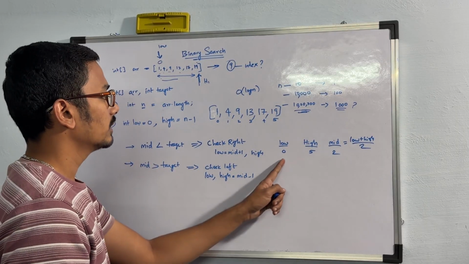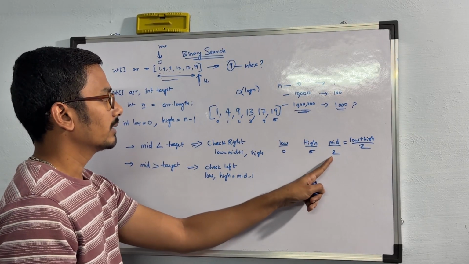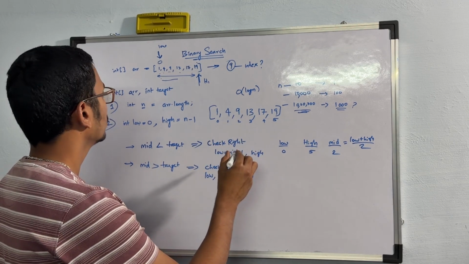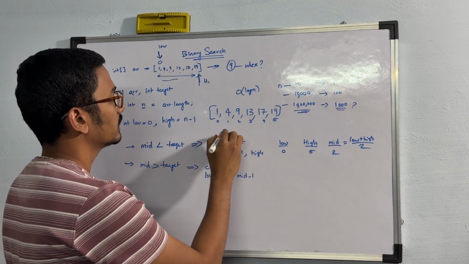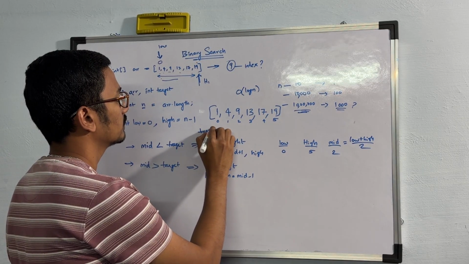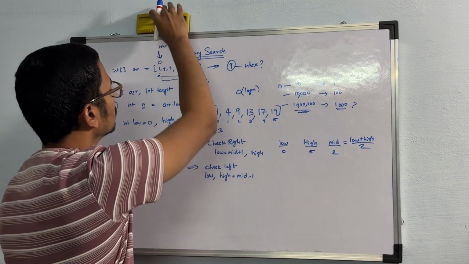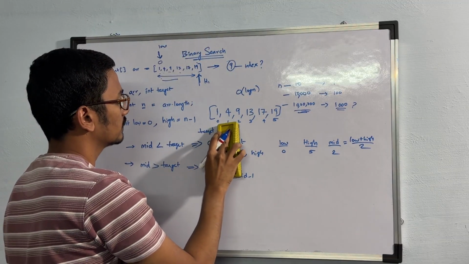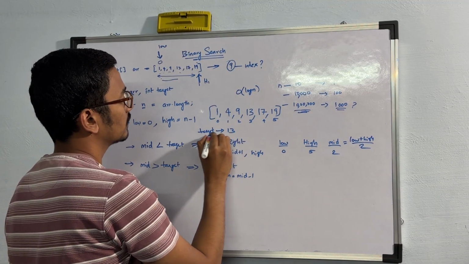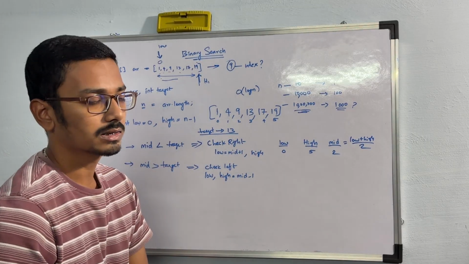At mid 2, I'll check the value 9. Let us assume, for the timing, the target is 13.